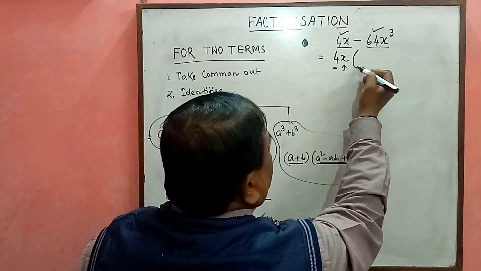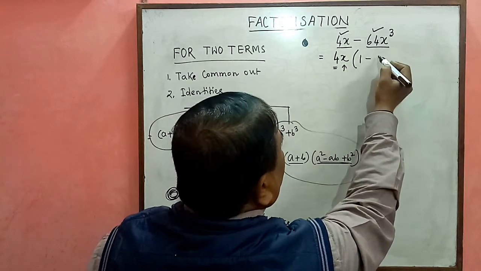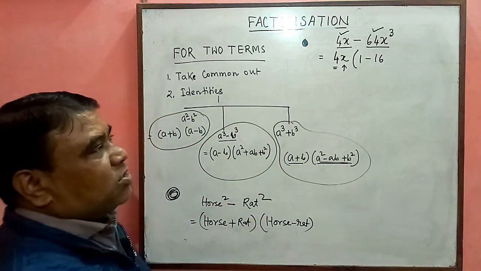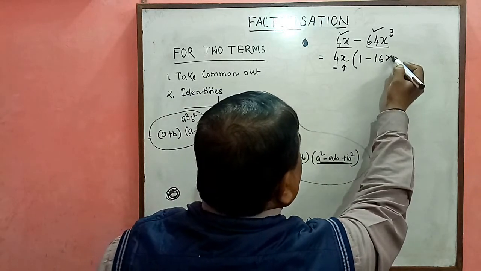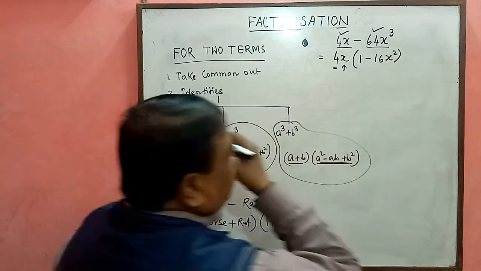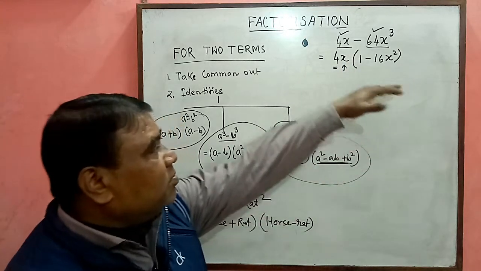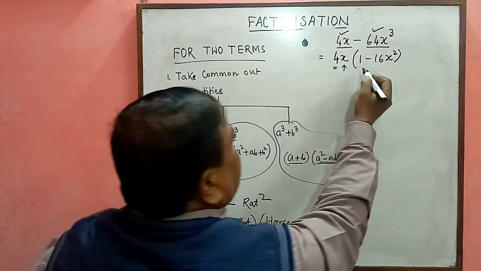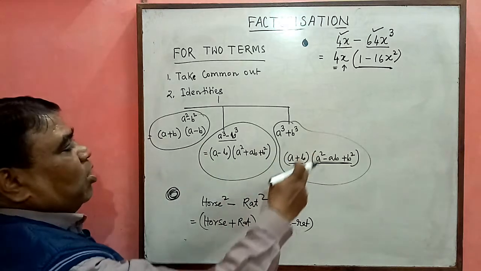Now you put a bracket. 4x divided by 4x is 1, minus, 4 16s are 64. x cube divided by x is x square. Now we have taken common the first step. Next step, check whether these two terms belong to either of these identities or not.